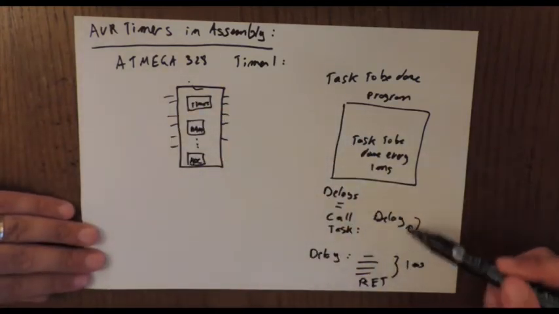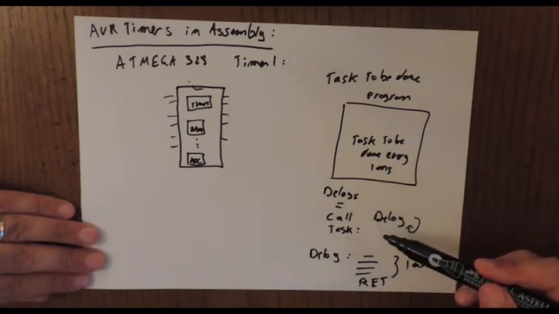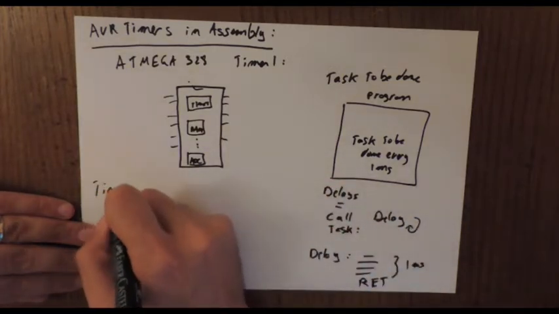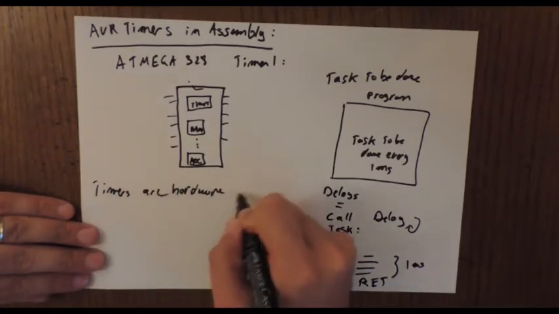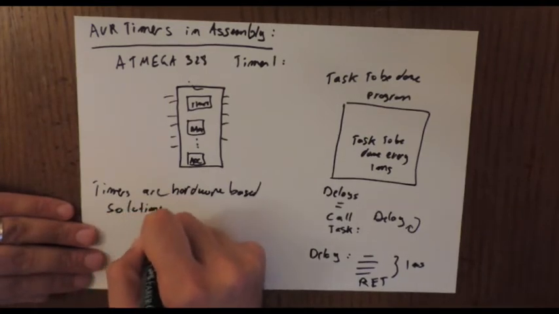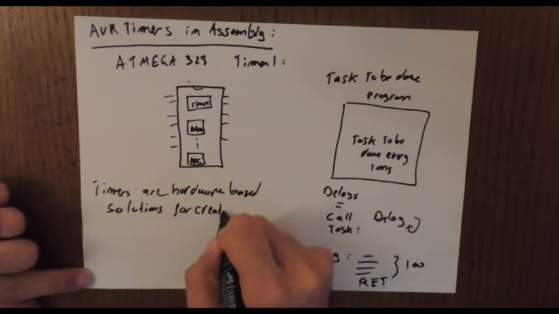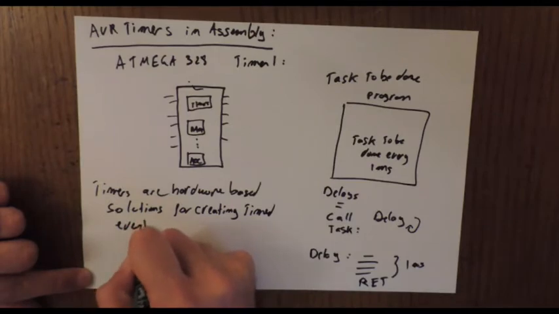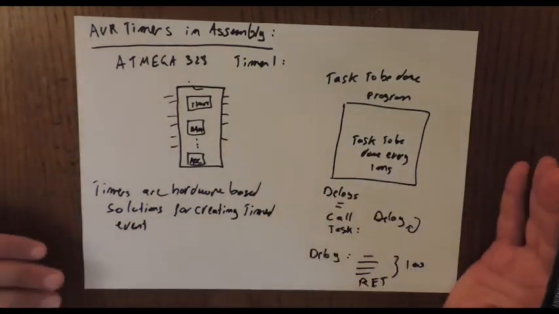Here we notice that delays are written in software, so everything that you do is software based. However, timers are hardware based solutions for creating a timed event. What I mean by timed event is an event that happens after a certain amount of time.